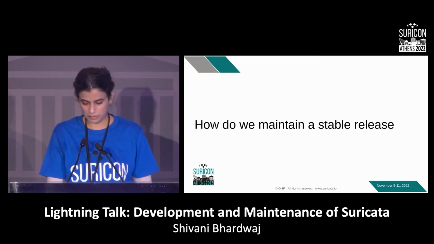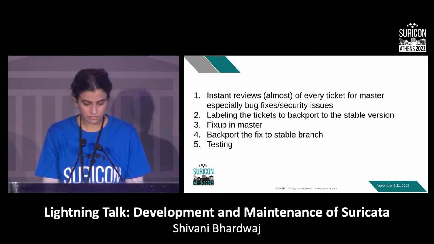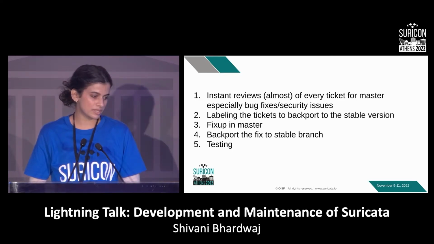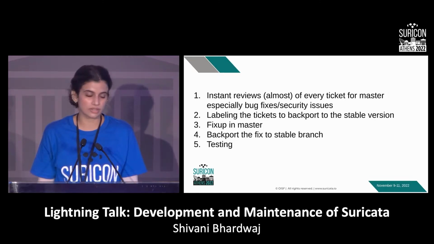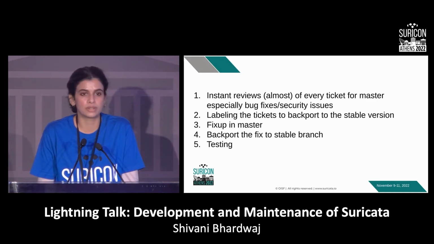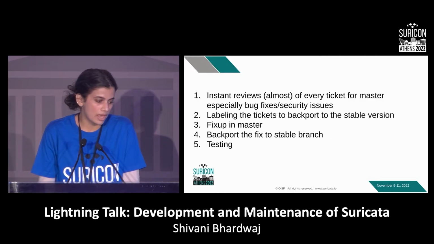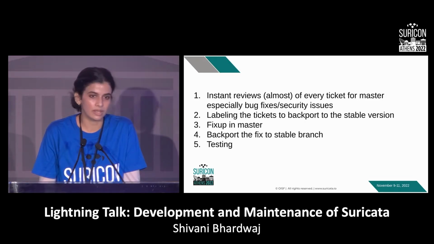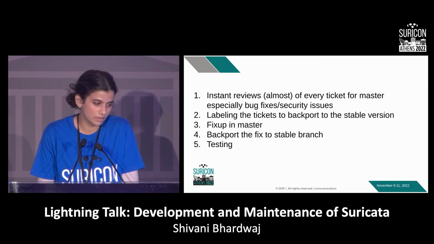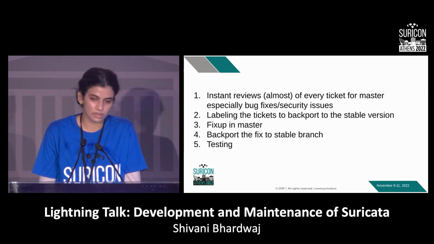So how do we maintain a stable release? Our basic process is almost instant reviews of every ticket for master. And especially for the bug fixes and security issues, they are very high priority for us. And then we label those tickets in Redmine, which is the tracking software that we use for tickets. We label which of the tickets require backporting to the stable versions.